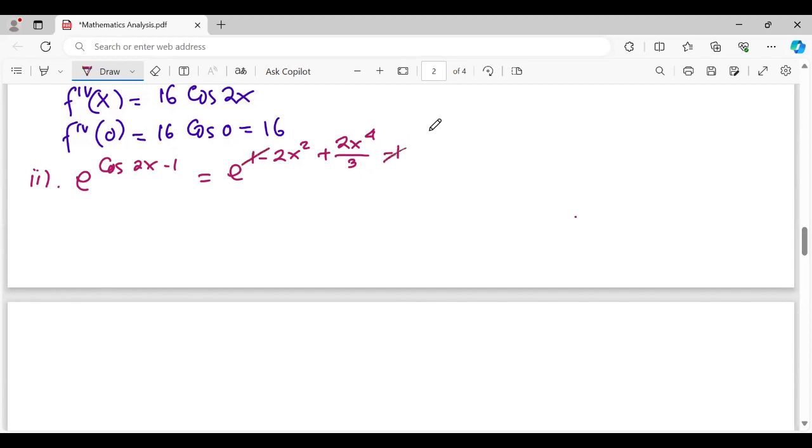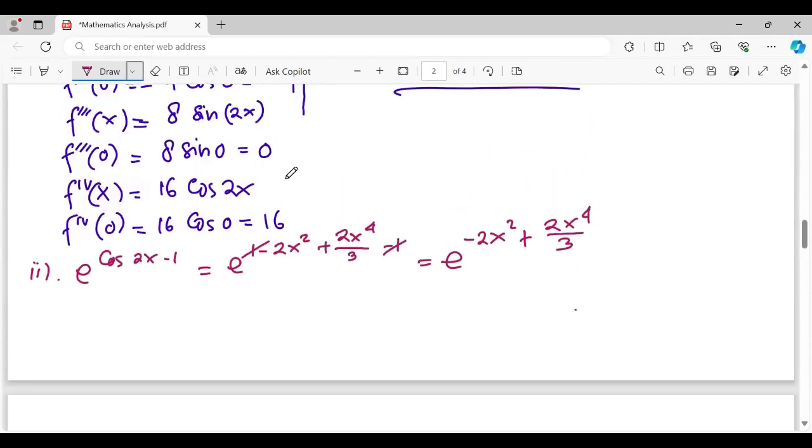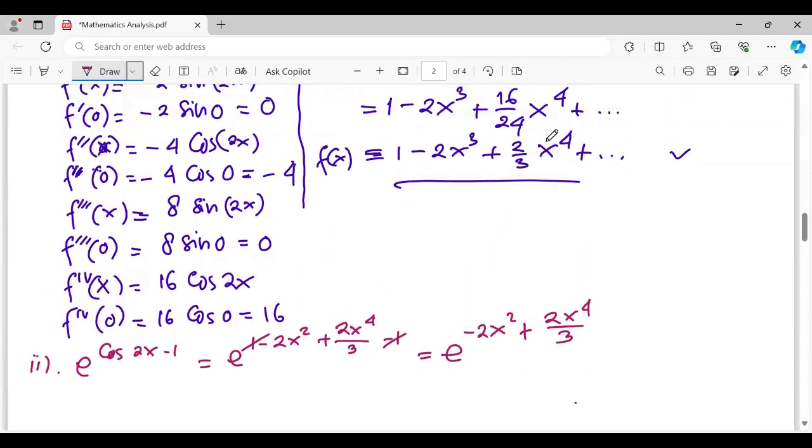So it becomes e to the power minus 2x squared plus 2x to the power 4 over 3. Why does it become e to the power of this series? Because from this one, cosine 2x minus 1.